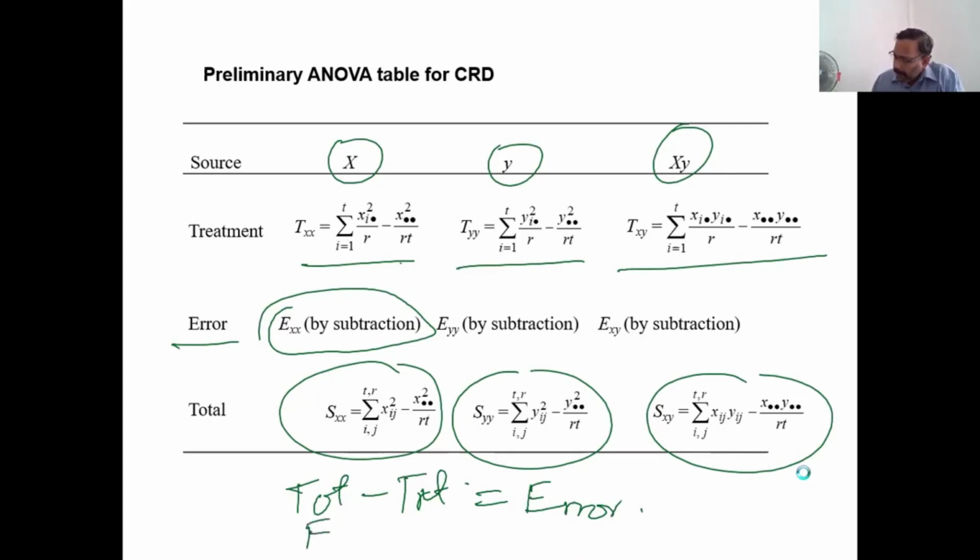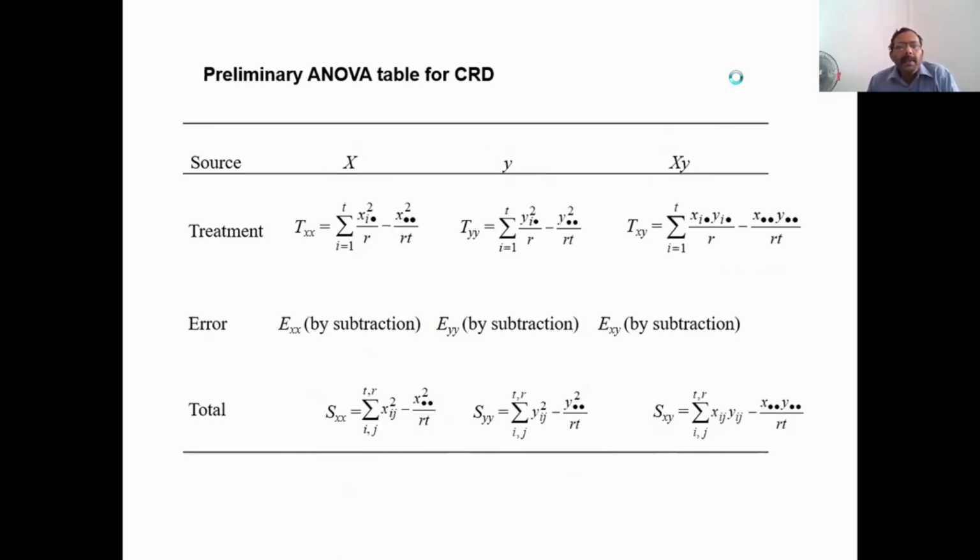For example, EXX is equal to SXX minus TXX, as an example. Anybody have any questions on these notations? Dhanush Kumar, any questions on notations? No? Okay, then these are notations.